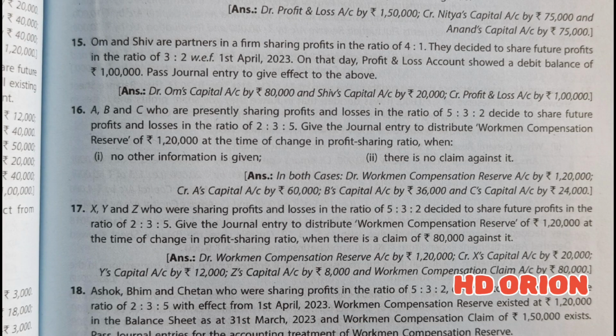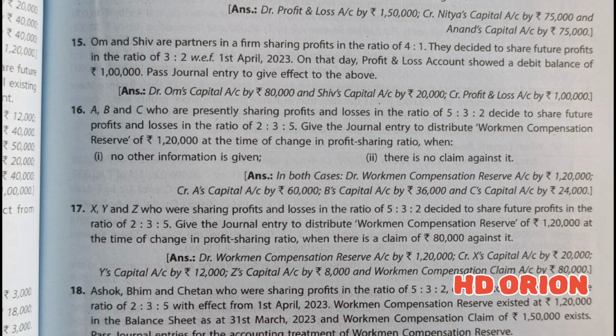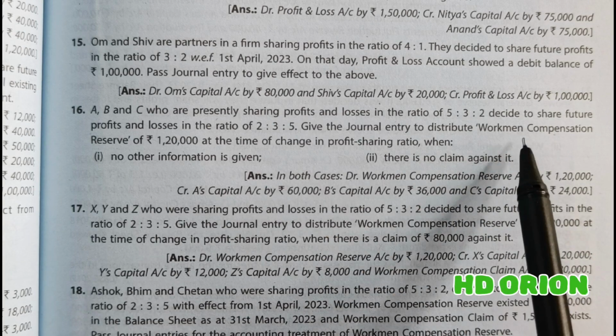Now here one should understand what is workman compensation reserve. Workman compensation reserve is also a part of previous year's profit which the firm has separately maintained for a specific purpose: workman compensation, in order to compensate workmen in certain circumstances.